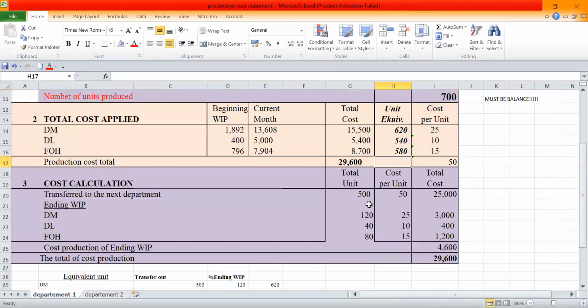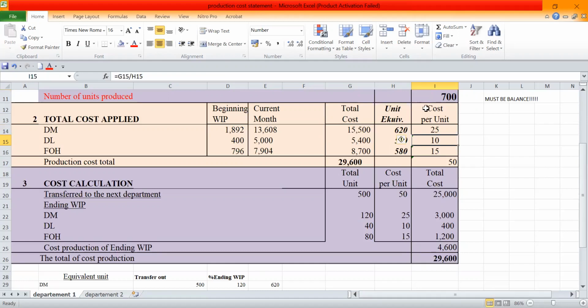Okay, so the next column is talking about the cost per unit. For the cost per unit, we just divide the total cost by the equivalent unit. Remember the rule of how to compute the cost per unit in process costing. The formula is just the same as in job order costing.